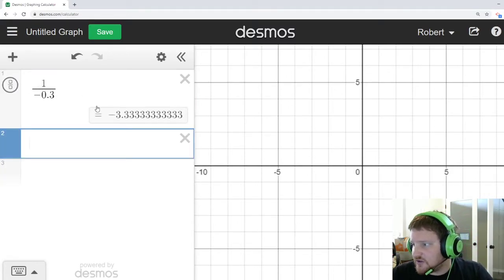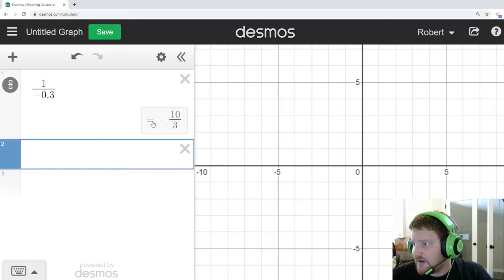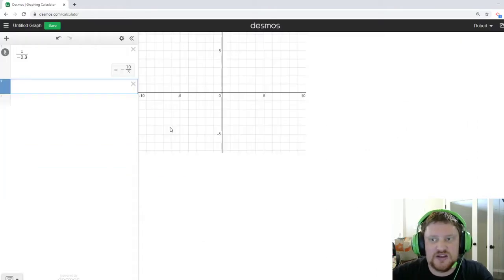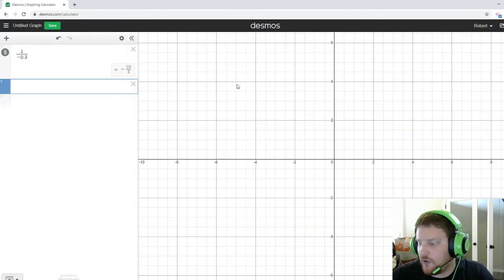And we get this decimal here, but if we convert that, we get negative 10 over 3. I thought they were going to make us say that this was equivalent to negative 10x divided by 3. But they didn't make us do that, so a little bit easier than I was expecting them to make it for us.